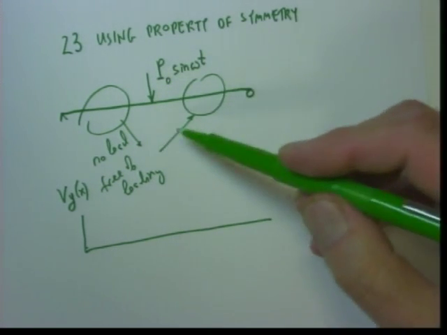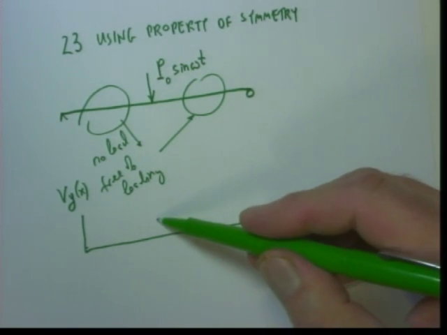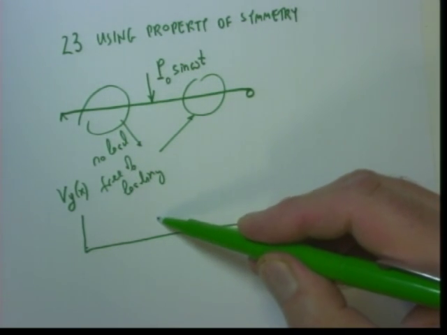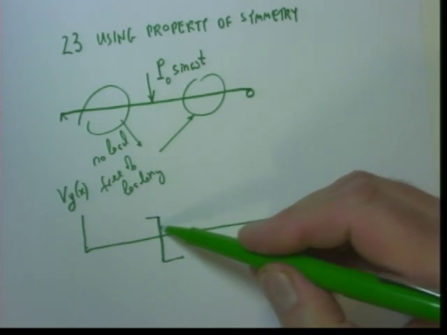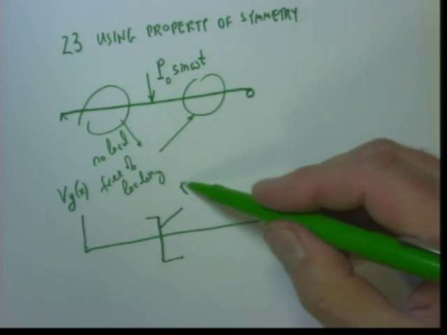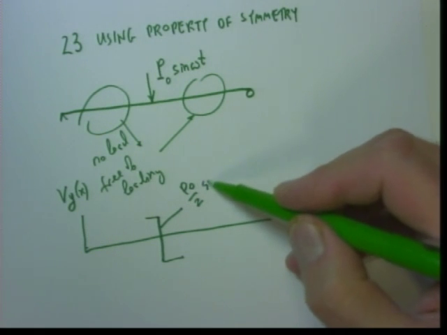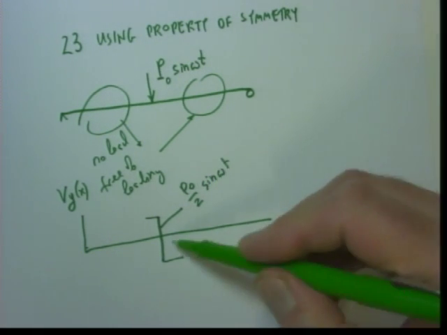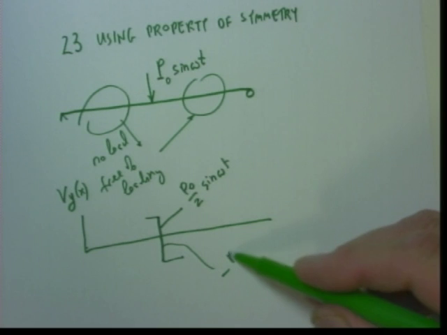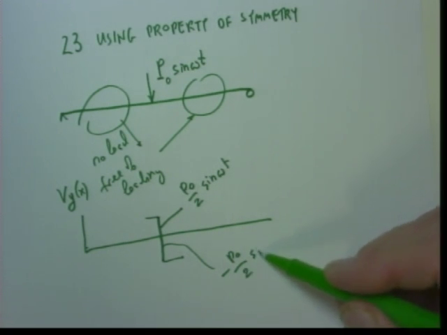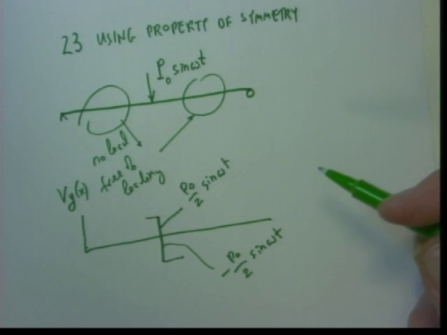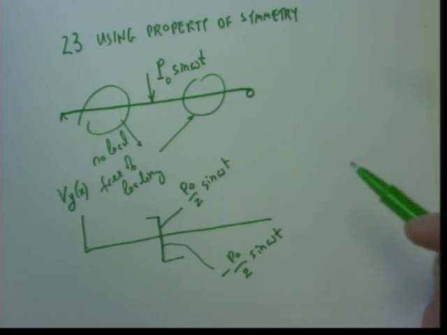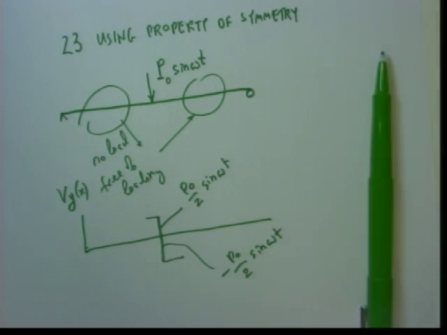But because the system is symmetric, Vy should equal here half of P sub 0. So this is P sub 0 divided by 2 sine omega t, and this one is minus P sub 0 over 2 sine omega t. There is no other way, because the jump should equal the force.